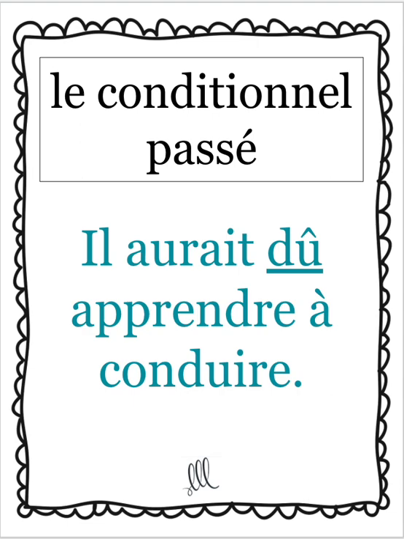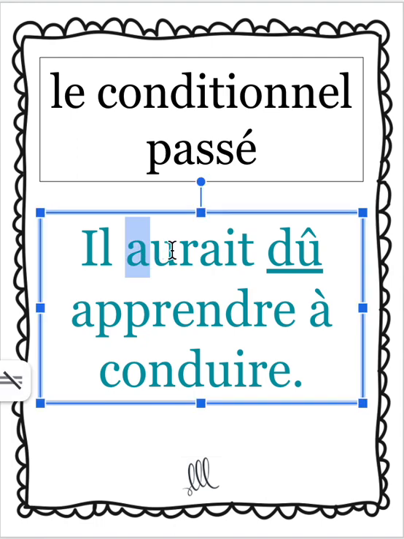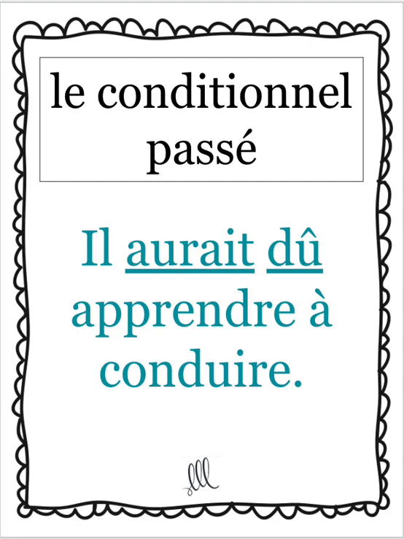That would be he should learn to drive. Now we want to say he should have learned. So we have to put the verb devoir in the past conditional, following the passé composé rules. So that means devoir takes avoir as a helping verb. But look, we're going to put the helping verb in the present conditional, followed by the past participle of the verb devoir. Il aurait dû apprendre à conduire.